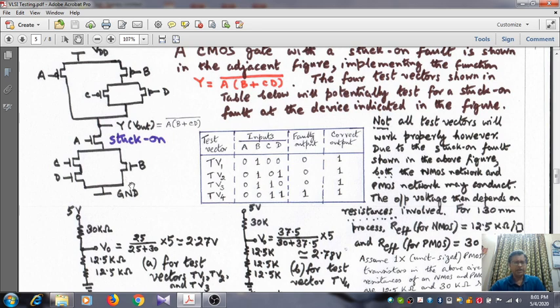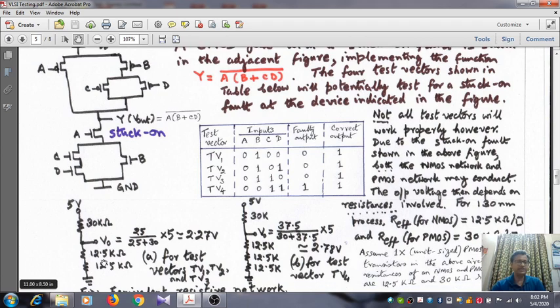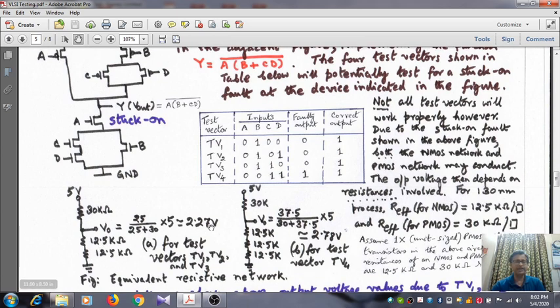For example, if B is on, although C and D are not both on, the path will be like this, current path A followed by B. So always two transistors will be on in series path. So that means 12.5 plus 12.5 or 25 kilo ohm for the pull down resistance, and for the pull up resistance a single resistance of 30 kilo ohm. So with 30 kilo ohm in the pull up and 25 kilo ohm in the pull down, you get 2.27, which is lower than 50% of 5 volt, so it will be read as a logic 0.